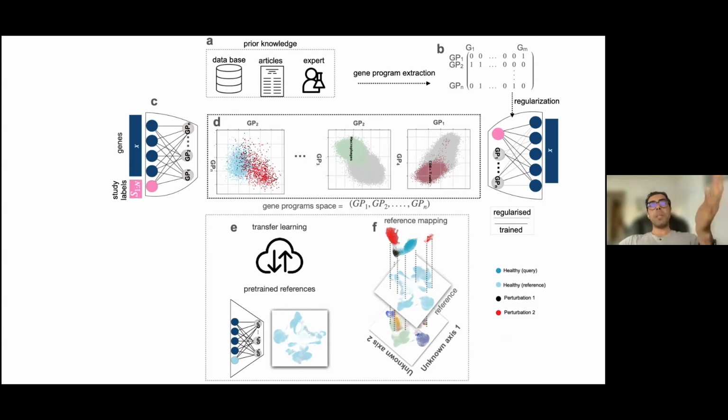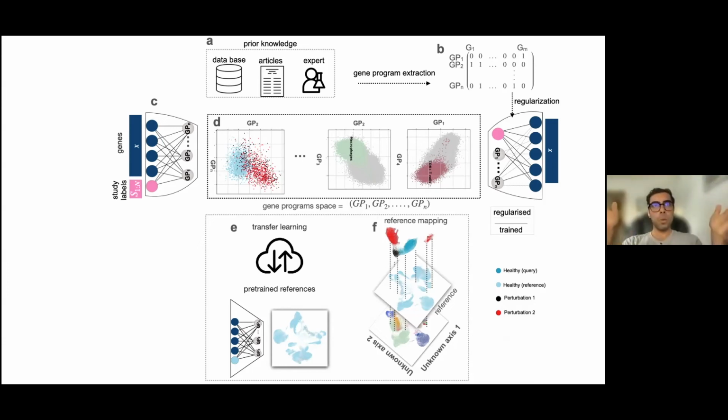And you can basically repeat the same thing as you saw with scArches, but this time you could have both integration. So as you can see in panel F, you could have reference mapping with a query and reference, but you could have this reference mapping in specific gene modules. So you can look at, for example, gene modules or gene programs, as we call them here.